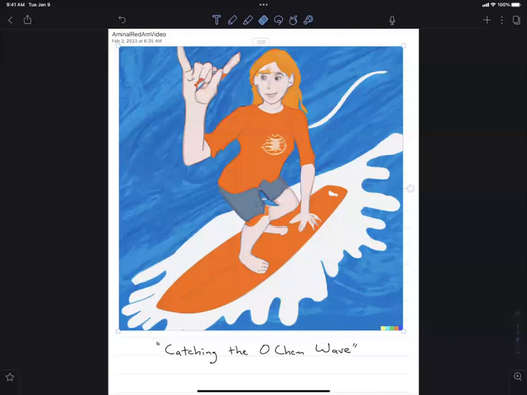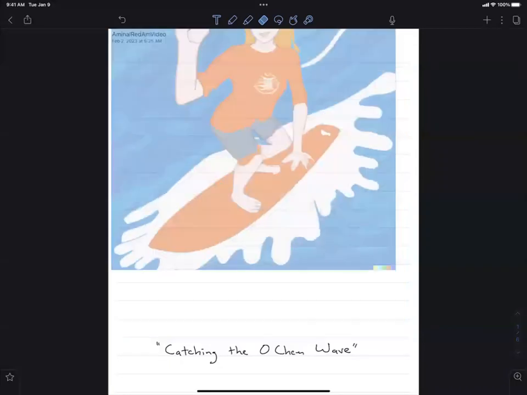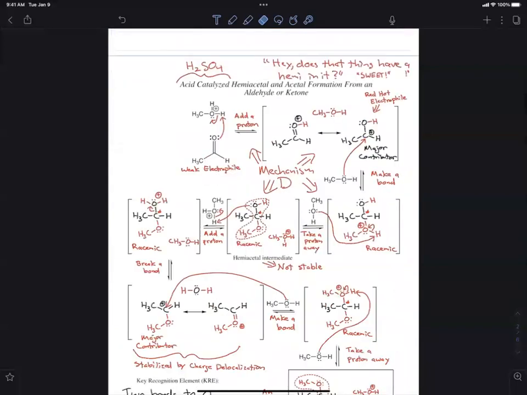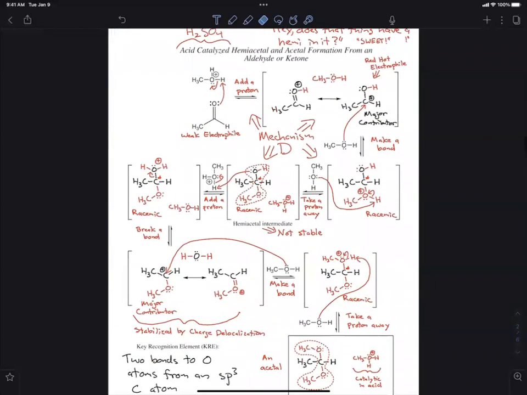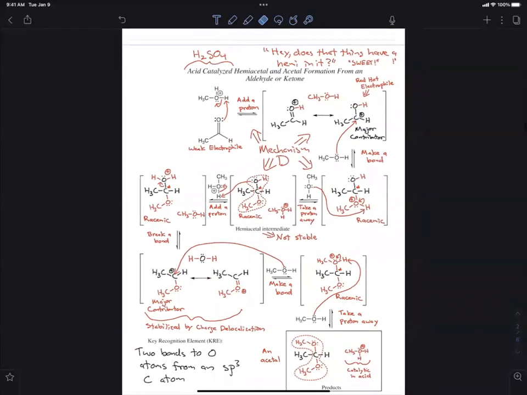Today, I'm going to start by talking about something I should have mentioned when we were talking about the imine formation mechanism. But to get there, I want to take you back to the acetal formation mechanism. And as I'm sure you remember, I made a big deal about the hemiacetal that is in the acetal formation mechanism.